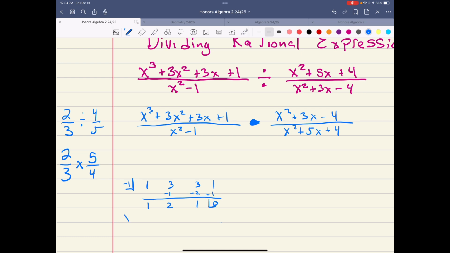Perfect. So x plus 1 is a factor, and then this is x squared plus 2x plus 1. And that factors, so this is x plus 1, x plus 1, x plus 1. Okay, so that's my new numerator.